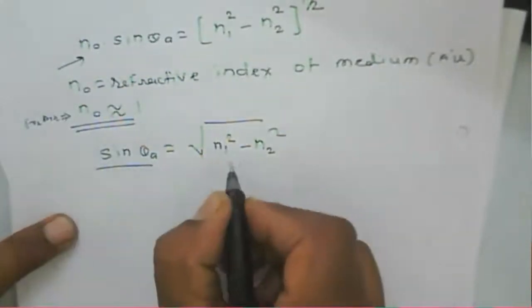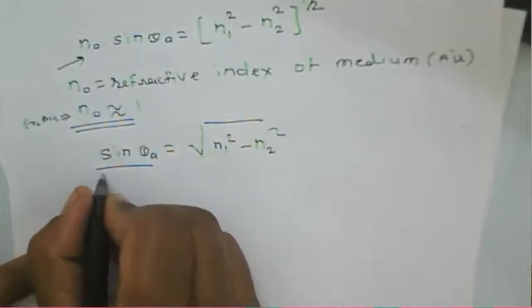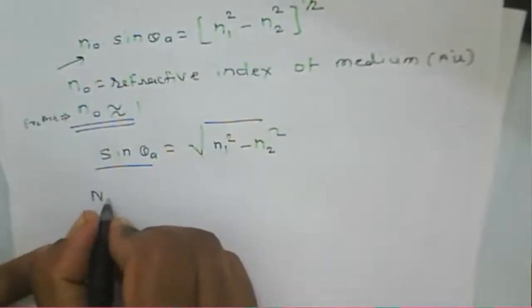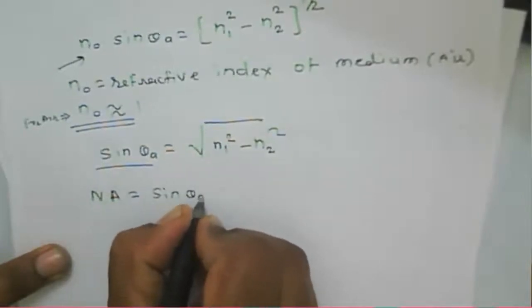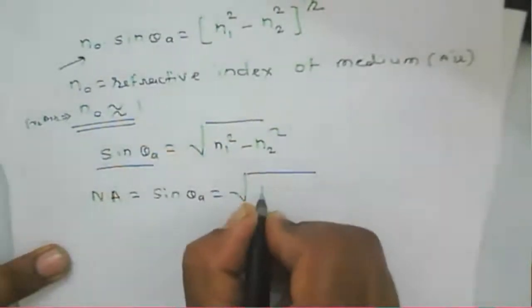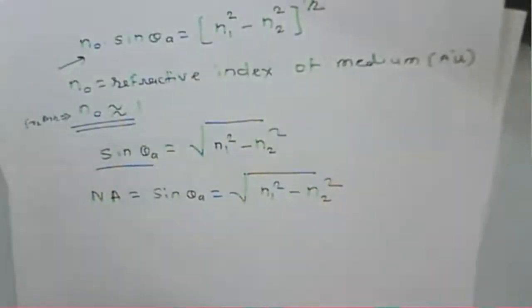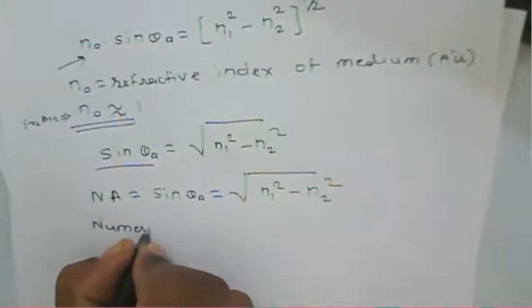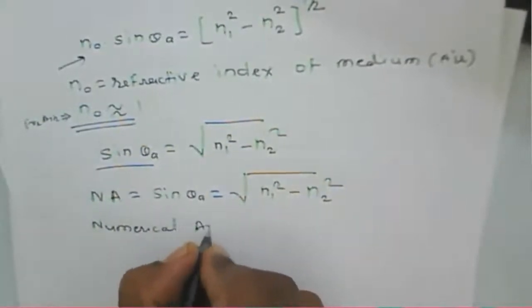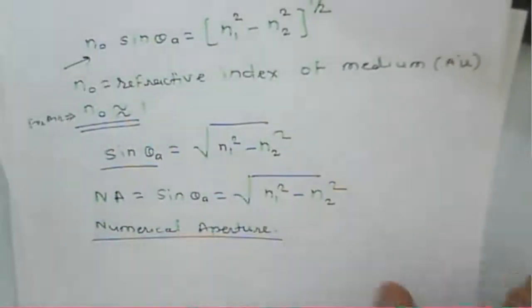Then our equation becomes sine of theta a is equal to under root of n1 square minus n2 square, because we consider the air medium. So for air, n0 is approximately equal to 1.